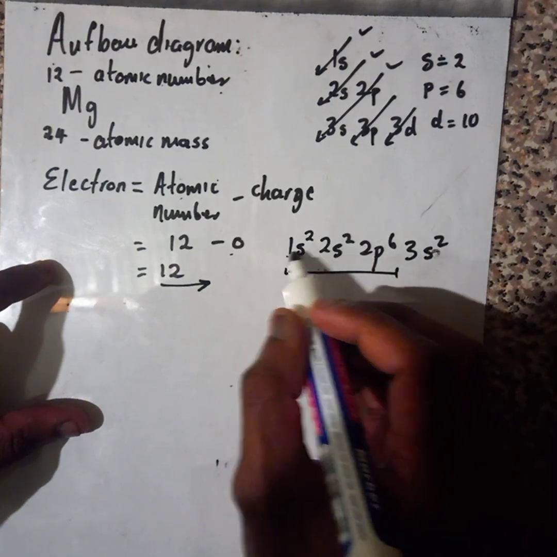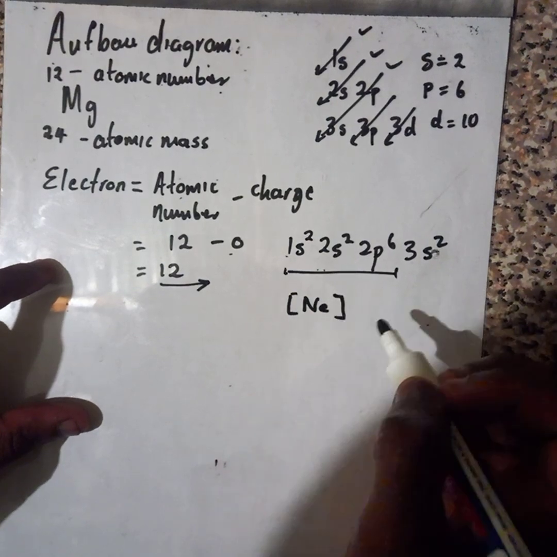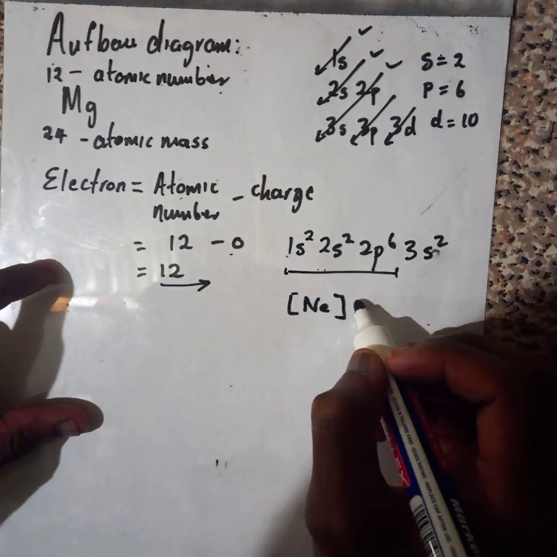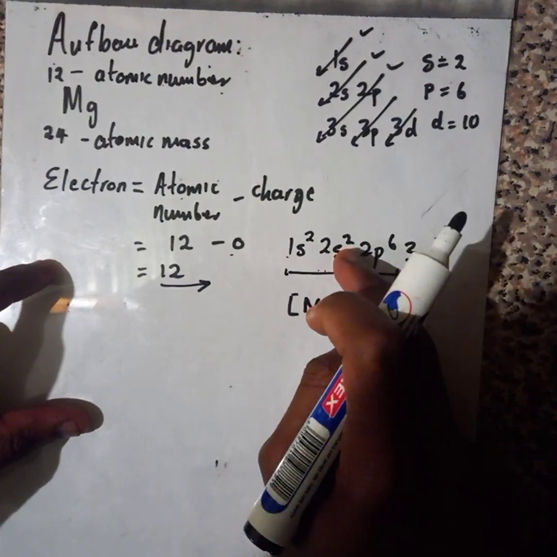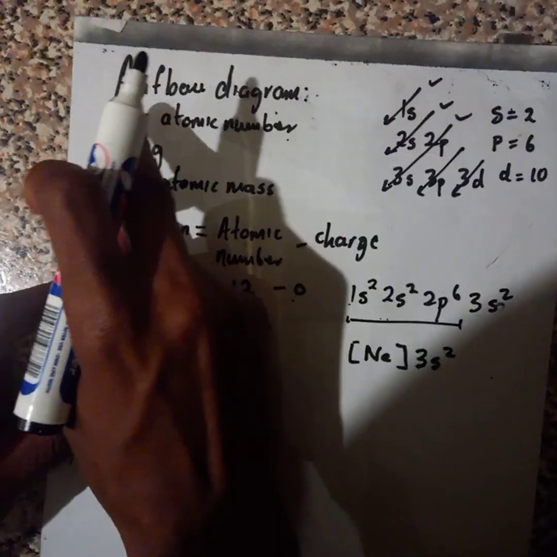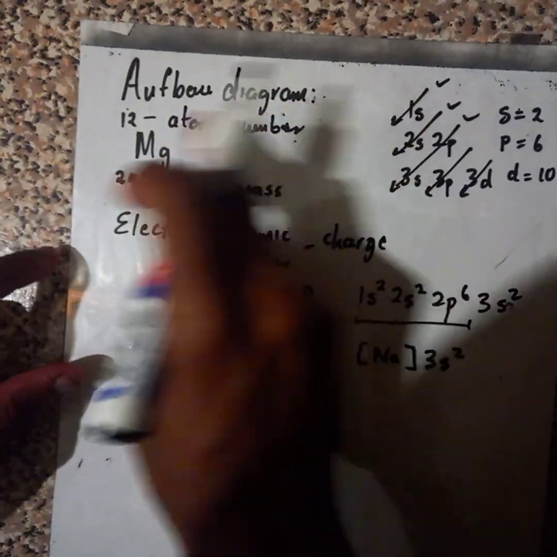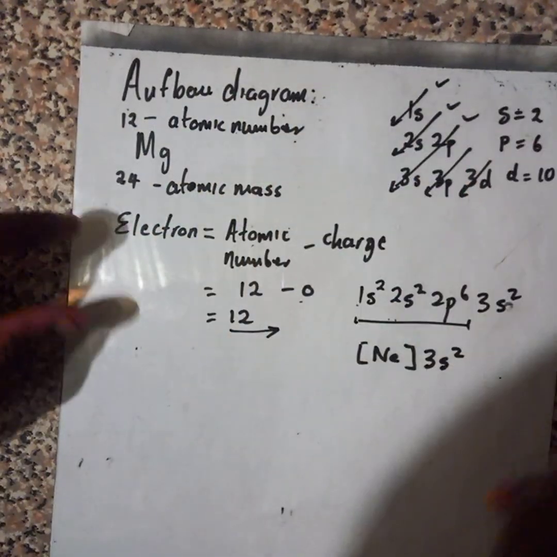We consider this one till here, which is neon. Then you close, then the remaining is 3s2. This is a noble gas notation, this is a spectroscopic notation. But I'm not here. We want to answer this question of an Aufbau diagram.